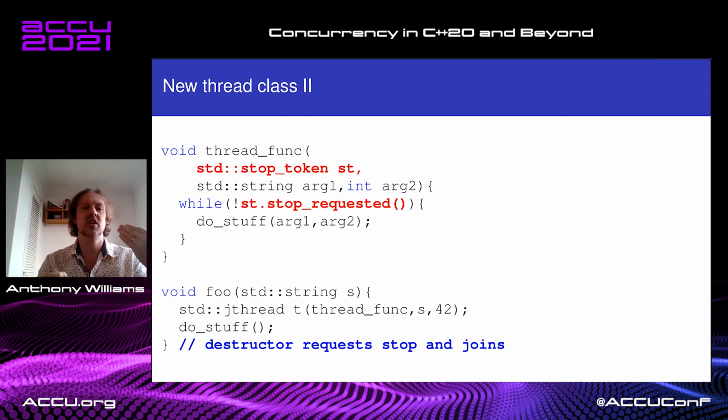It's cooperative. There's nothing that's going to force your thread to terminate unless you use platform-specific APIs like TerminateThread. And obviously, the whole point of using a cooperative mechanism is to avoid using platform-specific things.